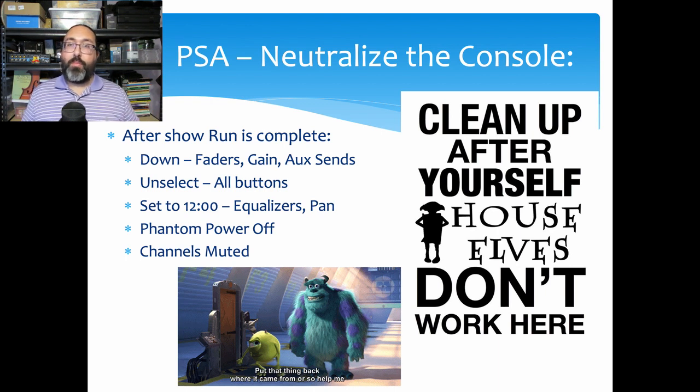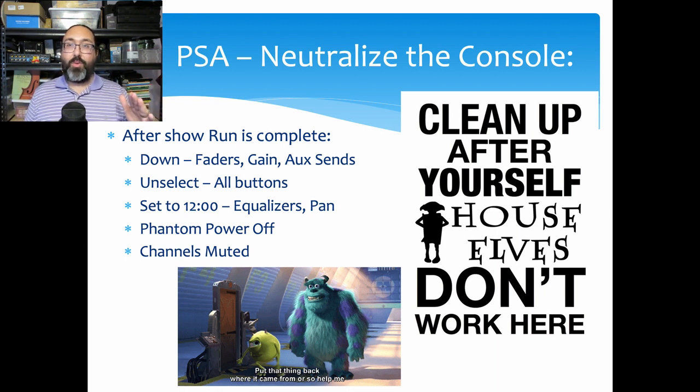Make sure that phantom power is off for every single channel. Big critical, just in case somebody accidentally puts a ribbon on one of the channels when they're using it the next time. You want to set all equalizers and pan knobs to 12 o'clock. Now, yes, this is a little bit different than you would think. Most people think, oh, I'm going to turn all the pan pot knobs all the way down. On pan knobs, turning it all the way to the left means that it's panned to the left.